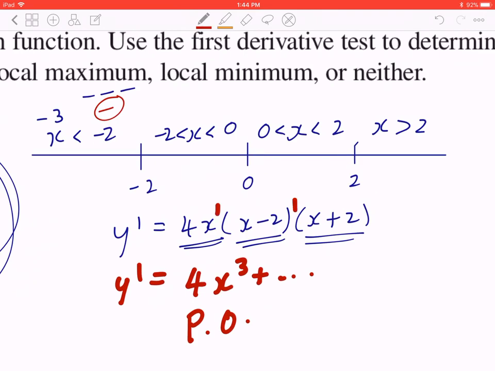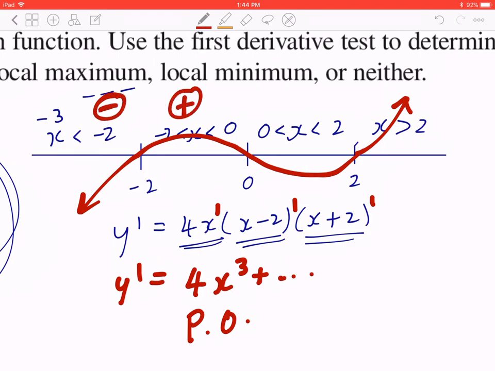And because the exponents are going to be odd, it's going to cut right through. So positive odd means the end behavior is going to go from quadrant number 3 to quadrant number 1. Since it's going to cut right through, you can tell this is decreasing, increasing, decreasing, increasing. And again, if you go through the slower method, you will get the same final answers.